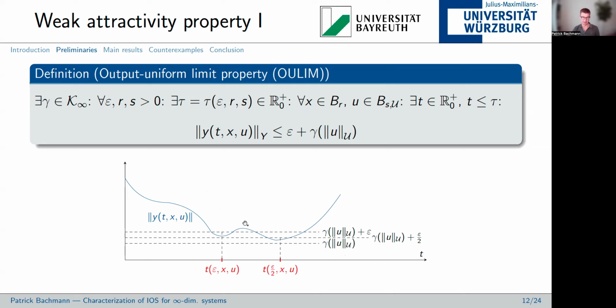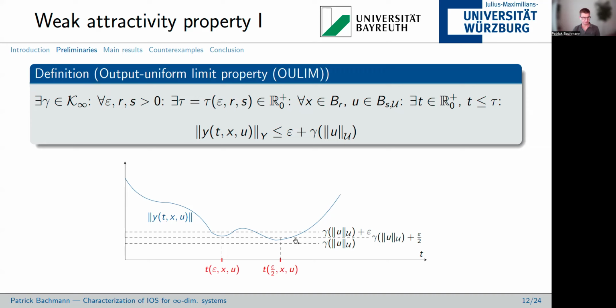So you can see here that afterwards it will leave this epsilon ball again. And so this is basically the difference between the weak attractivity and the strong attractivity: that after reaching each neighborhood, the system again can leave this neighborhood.